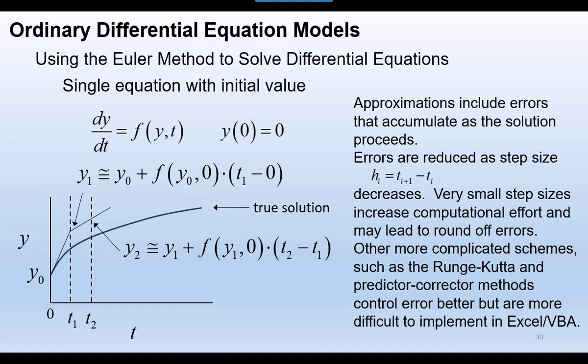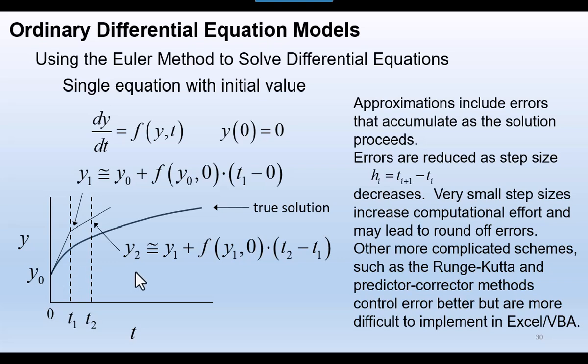And then what we're showing is the use of the Euler method to approximate the solution to the differential equation. And here our solid line represents the true solution, which we assume exists, although we don't know what it is.